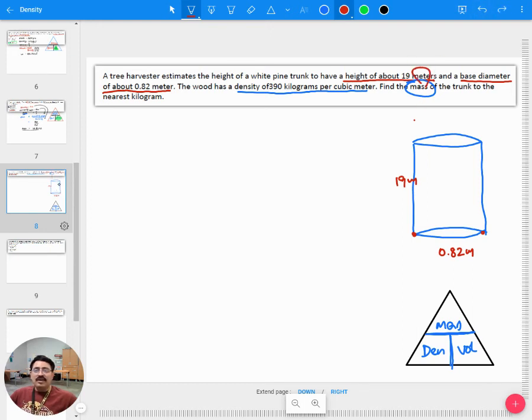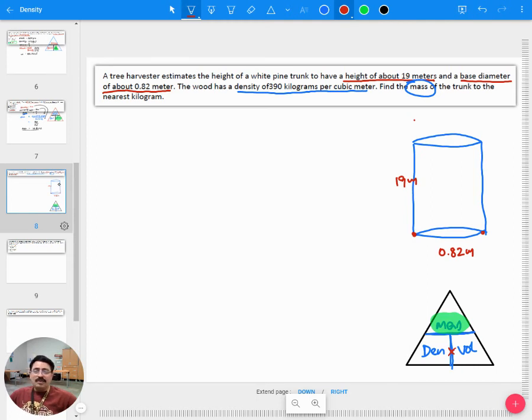Therefore, mass is to be masked. So if this one is masked, density and volume are left. Please notice that these are occurring side by side, so it is not density over volume, but it is density times volume.